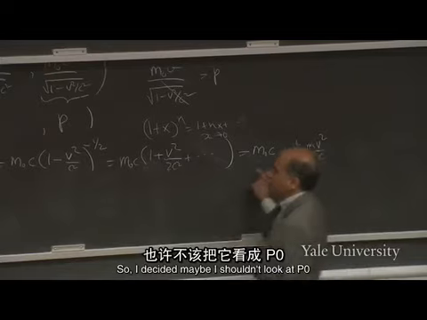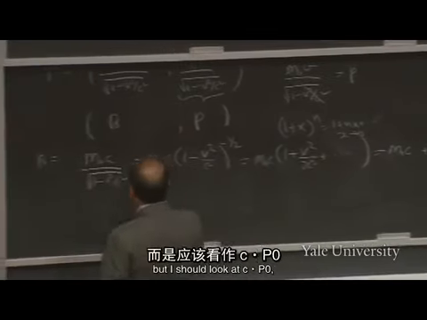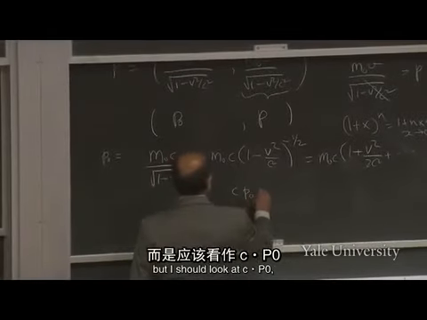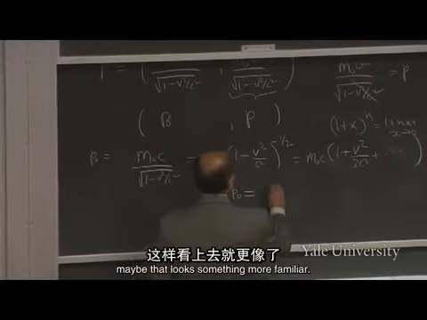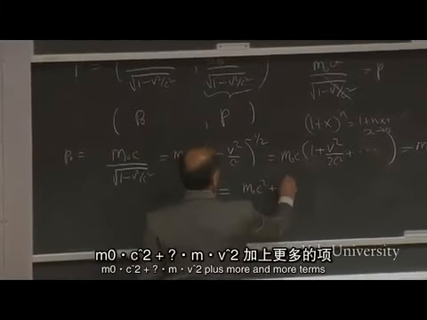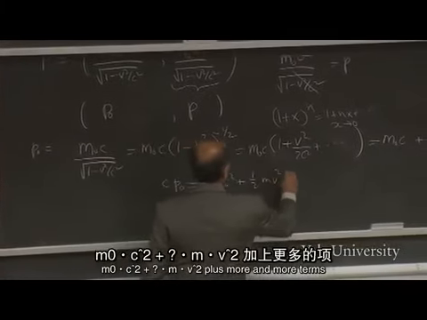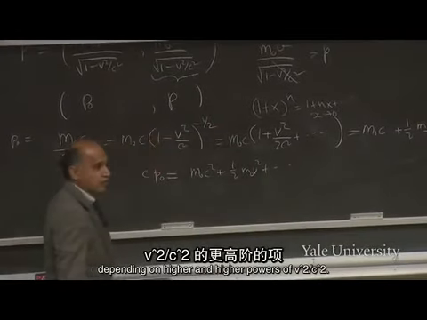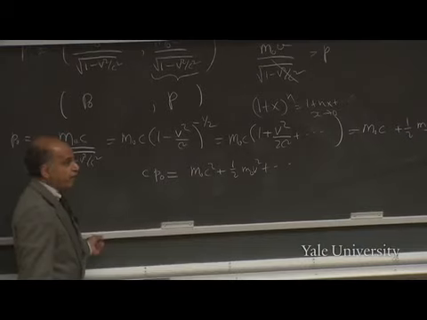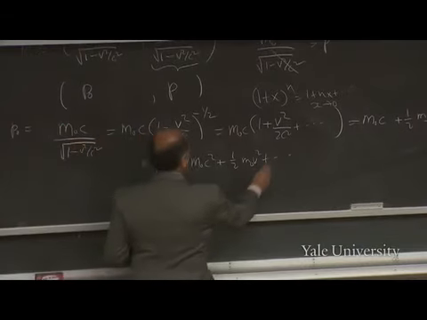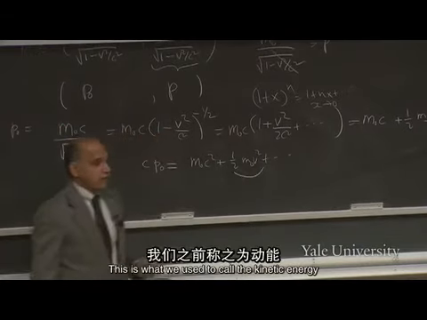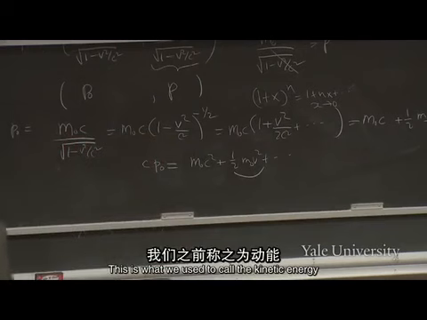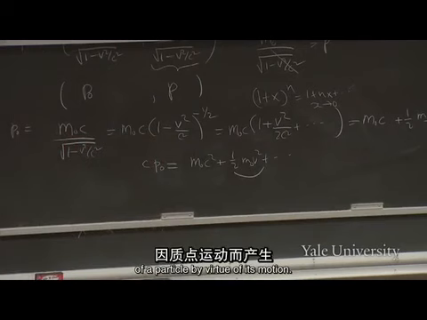So I decided maybe I shouldn't look at p naught, but I should look at c times p naught. Maybe that looks something more familiar. That looks like m naught c squared plus 1/2 mv squared plus more and more terms depending on higher and higher powers of v squared over c squared. But now we know who this guy is. This is what we used to call the kinetic energy of a particle by virtue of its motion.